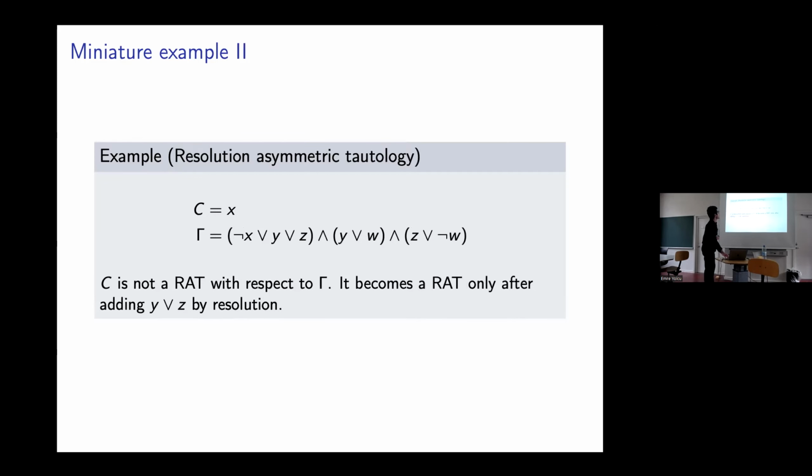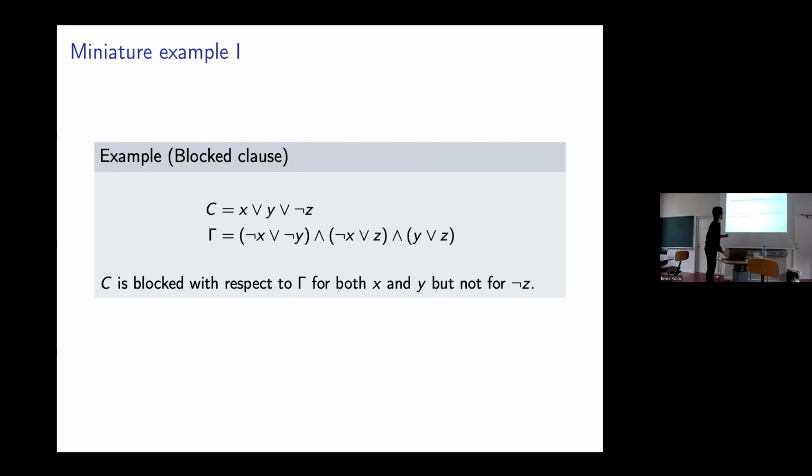Here's an example of a resolution RAT clause. So immediately this clause is actually not RAT with respect to the formula. And I should also say, a clause that is not blocked cannot be made blocked if you added further clauses to the formula, because of the way that it is defined.